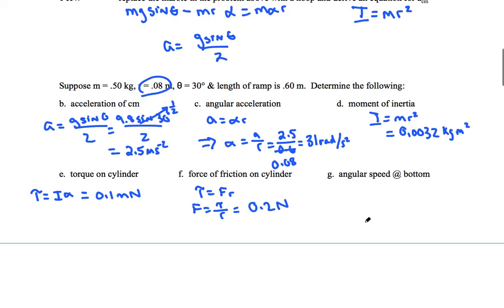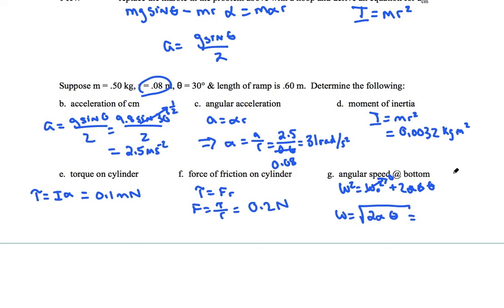And then the angular speed at the bottom, well, I know it starts off at rest, so I actually have the relationship omega squared equals omega naught squared plus 2 alpha change in theta. So if I want to get that angular speed at the bottom, well, omega naught is 0. And so omega is equal to the square root of 2 alpha theta.